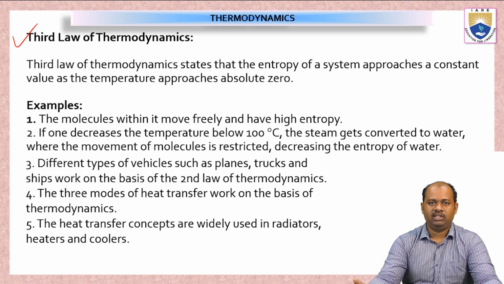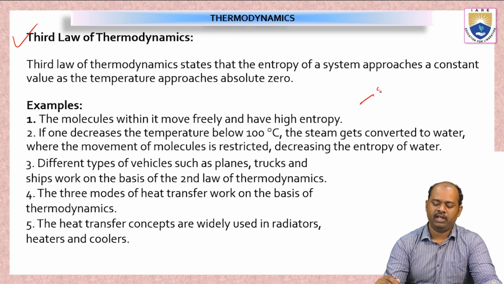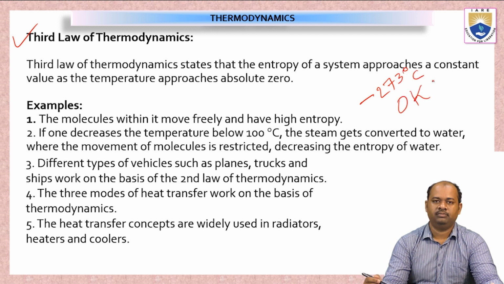Mostly the Kelvin scale is taken into consideration, where no electronics will work at this temperature. We have to use a gas thermometer for measuring absolute zero. Absolute zero temperature is nothing but minus 273 degrees centigrade or 0 Kelvin. These two are the same.